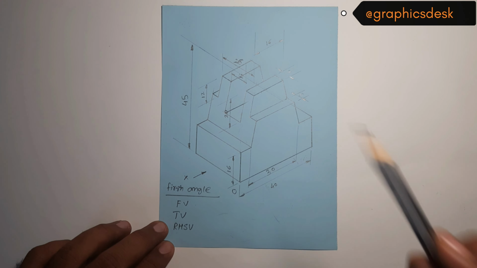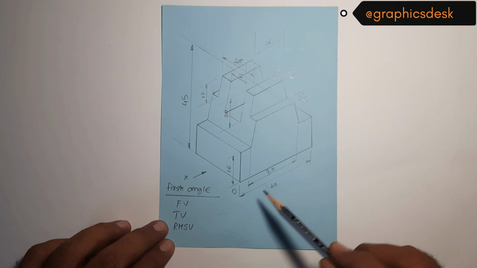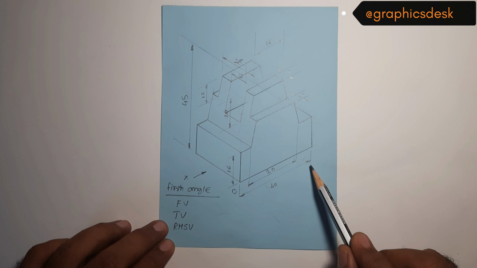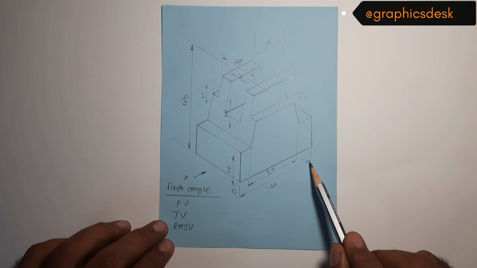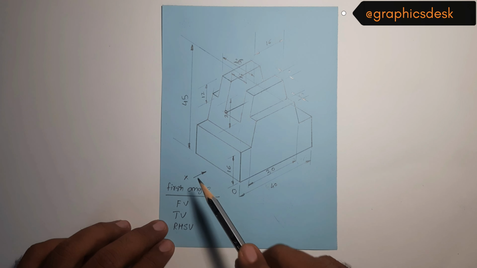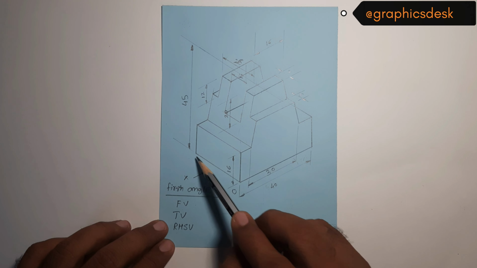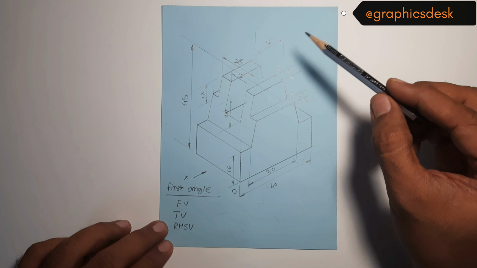Now one thing interesting to note is that we have been given the full length of the object, which is 40 mm, which means it is the length visible in the side view. The width of the object is not given, so we'll have to calculate that.